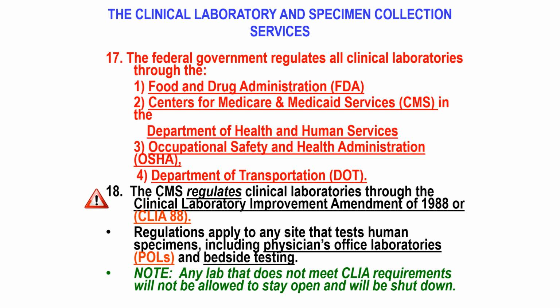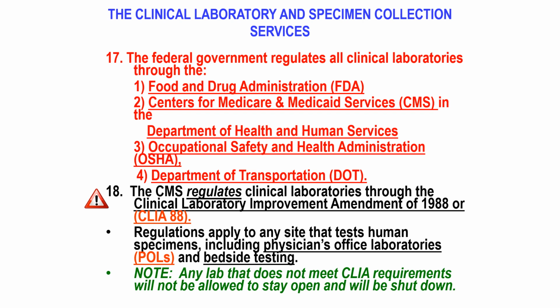So we're still talking about the clinical laboratory and specimen collection services. Now, we understand that the federal government regulates all clinical laboratories. How do they do this? They do this through different departments. They do it through, first and foremost, the Food and Drug Administration, the FDA. Okay? They do it through the Centers for Medicare and Medicaid Services, which we call CMS.